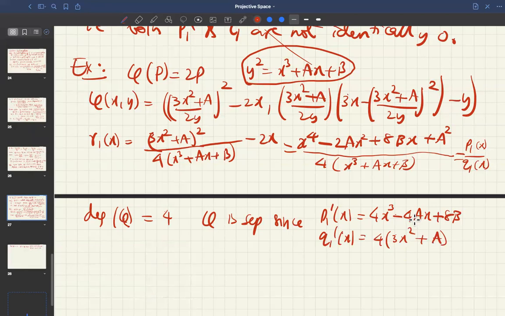So both of them cannot be simultaneously identically 0, right?